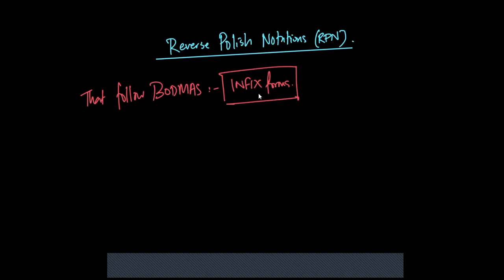The questions will be like, let's say you've got a mathematical expression given in infix form, and you might be told to convert it into RPN, or something might be given in RPN, and you might need to convert it to infix form. So let's first learn the conversion. We want to convert infix to RPN.